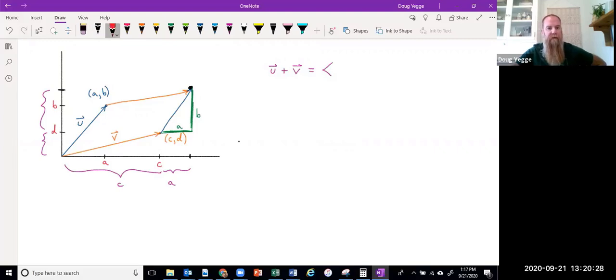So hopefully you can recognize geometrically that by using the parallelogram law, all we're doing algebraically is adding the x coordinates, which is a plus c, and adding the y coordinates, which is b plus d. So taking the sum of two vectors is done in this way.